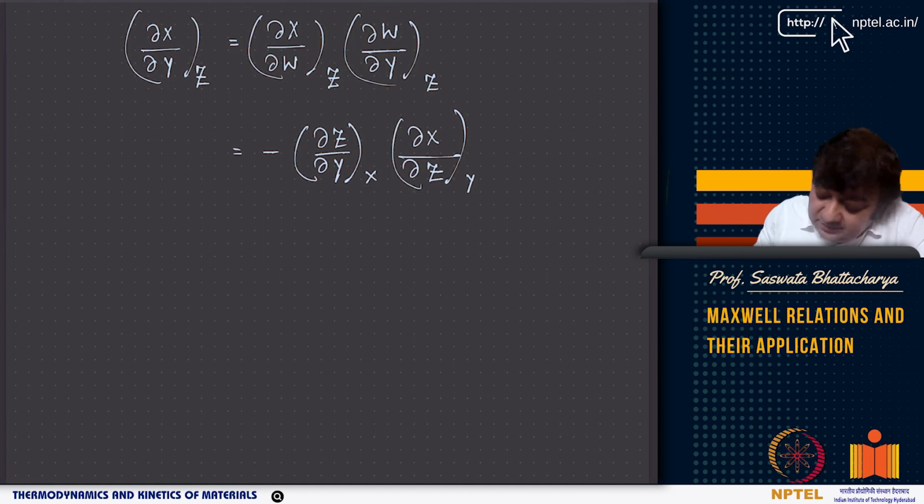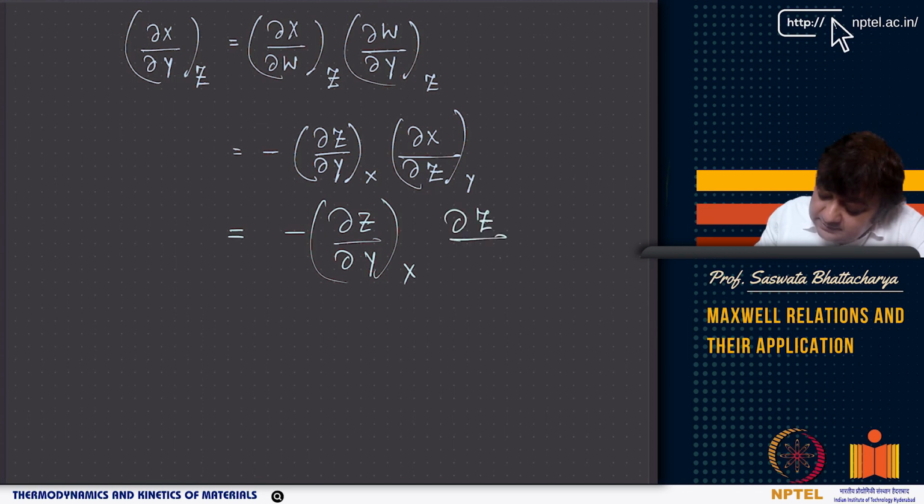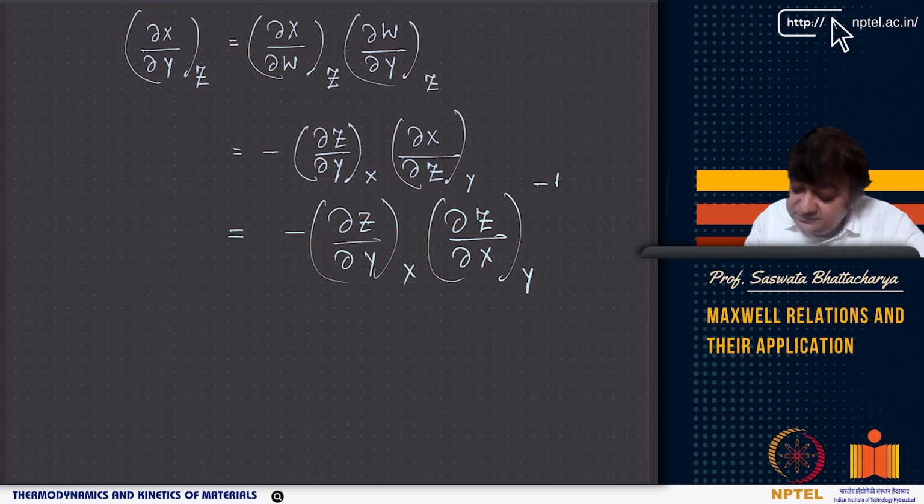Now this also means that (∂x/∂y) at constant z we can also write as minus (∂z/∂y) at constant x times (∂x/∂z) at constant y. Or, we can also write minus (∂z/∂y) at constant x times (∂z/∂x) at constant y to the power minus 1. So it is the inverse.